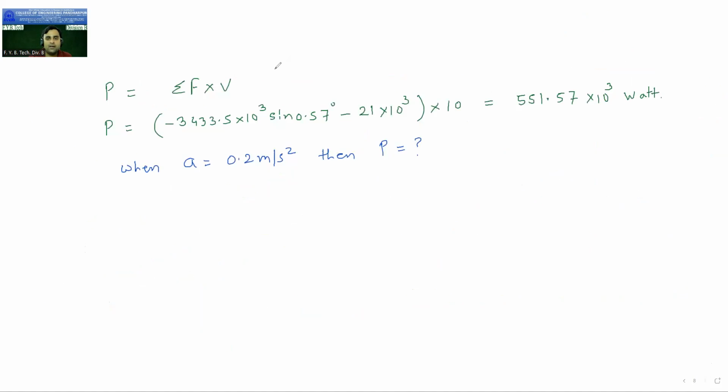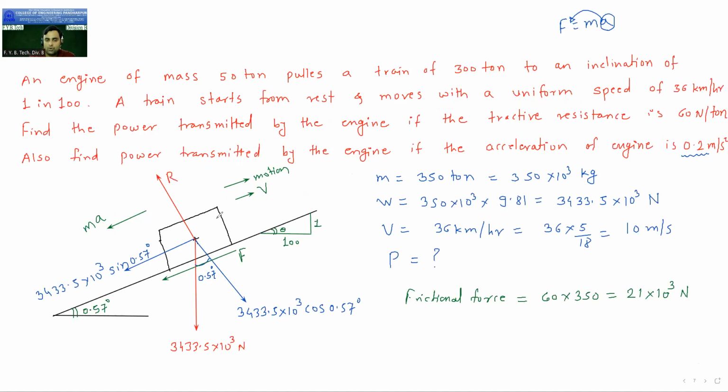So here we can write the equation. P is equal to, it is minus 3433.5 into 10 raised to 3 sine of 0.57 degree, minus 21 into 10 raised to 3 as it is, again minus this force, because velocity is in this direction and inertia force is in the opposite direction.